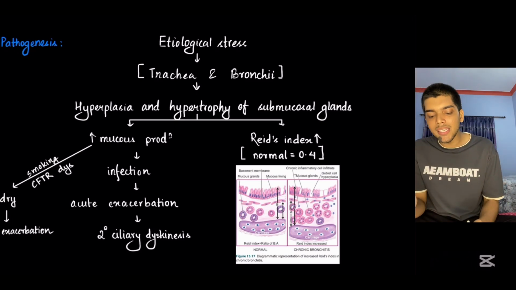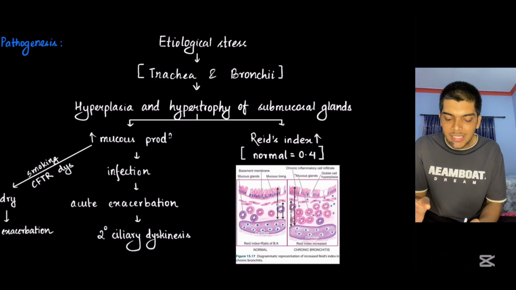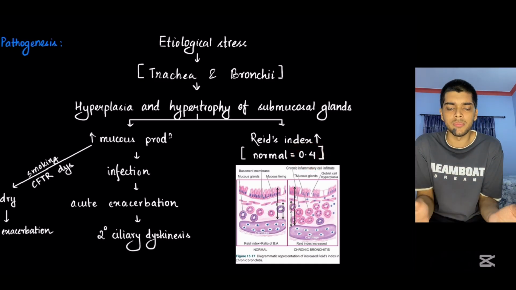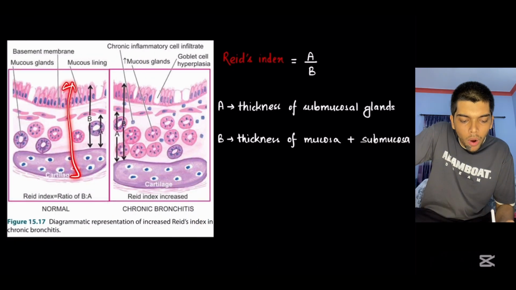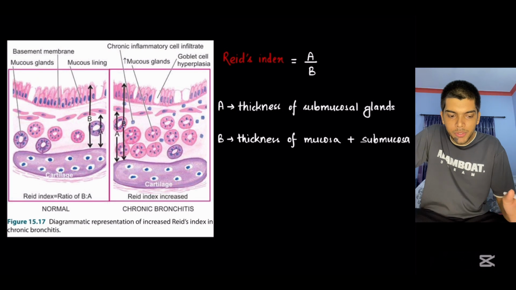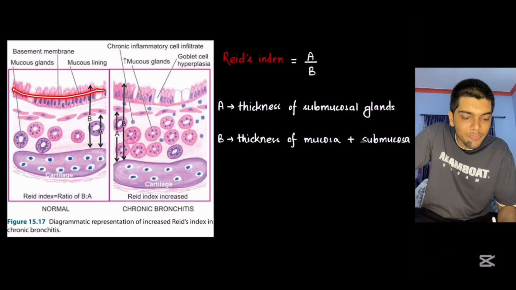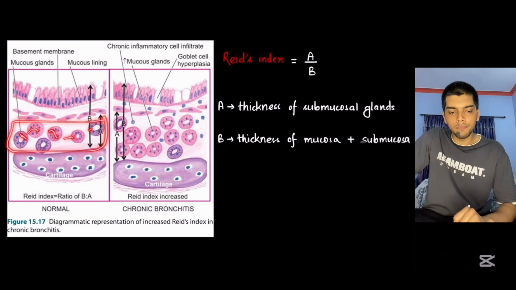Second thing that happens is there is increase in Reid's index. The normal Reid's index is 0.4. This brings the question, what is Reid's index? See, this is the wall of your bronchus. So there is mucosa. The mucosa contains the epithelial mucosa, lamina propria, muscular layer, and submucosa with the submucosal gland.